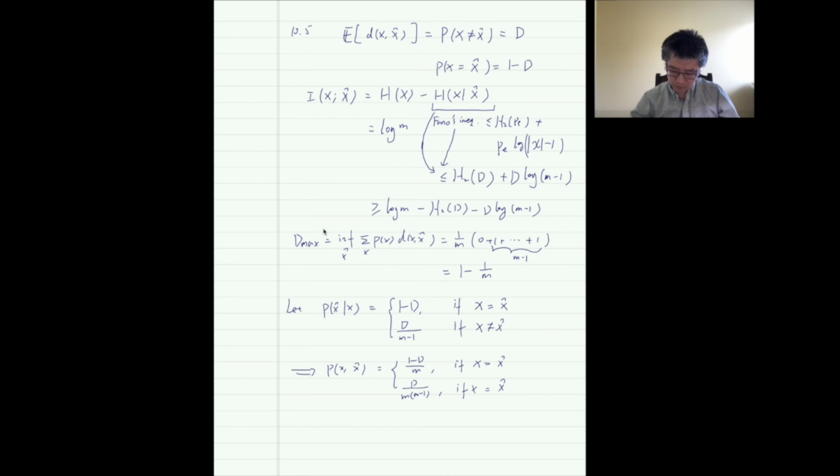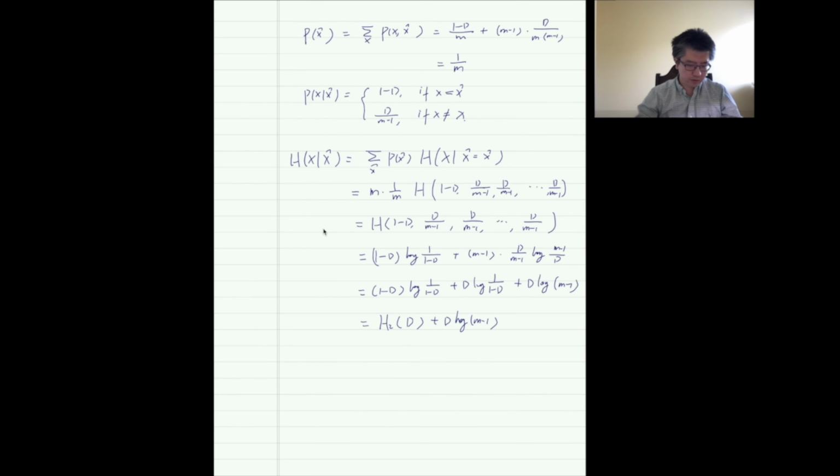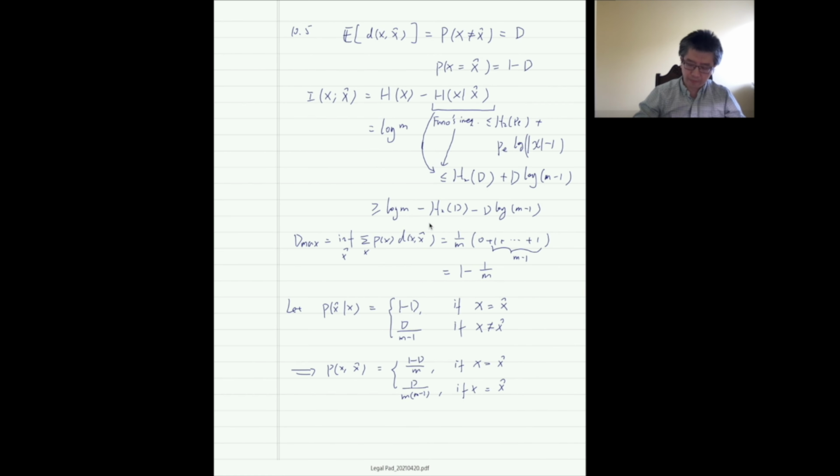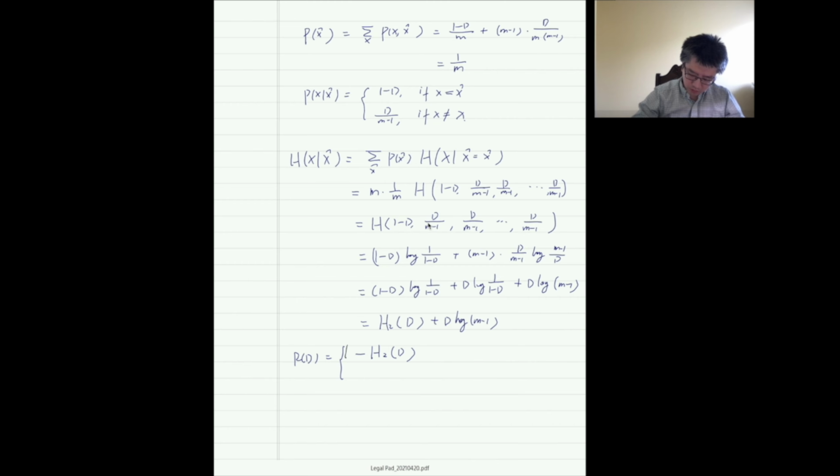Okay, therefore we can get the rate distortion function is 1 minus, it's not 1, right? Should be log m minus this, if 0 is less than d less than or equal to d max.